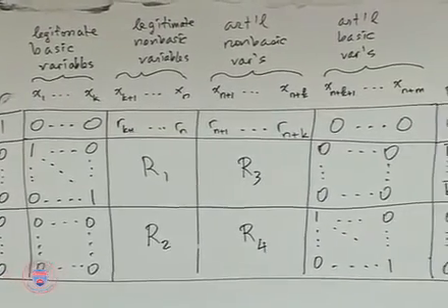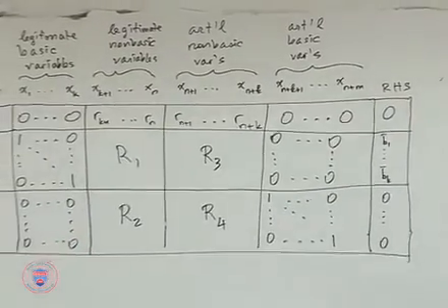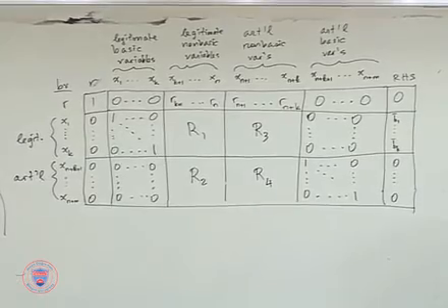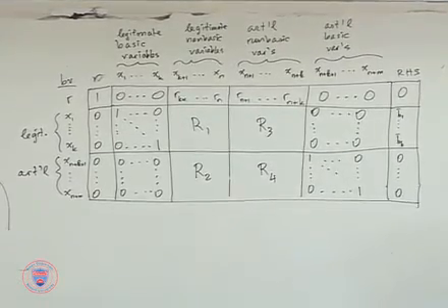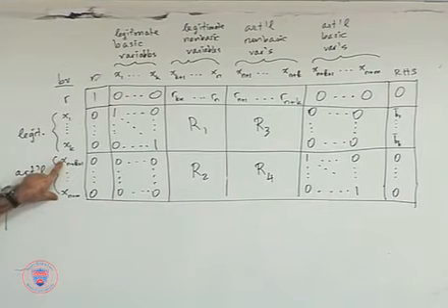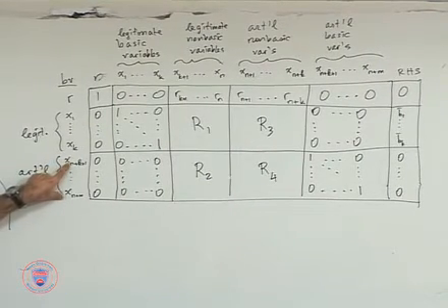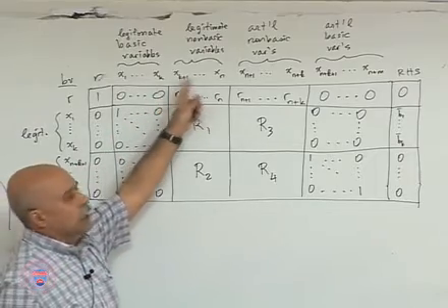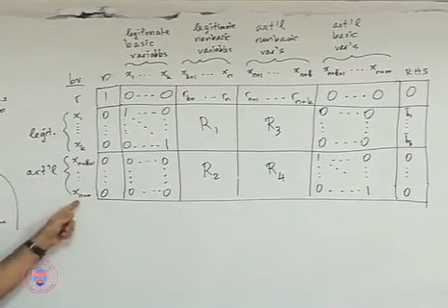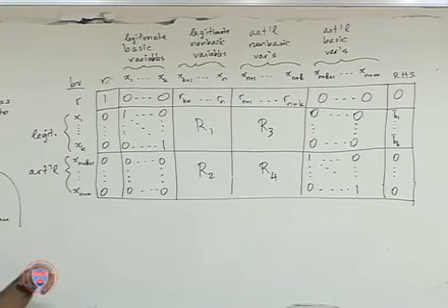So what you do is, you're trying to replace the artificial basic variables with legitimate variables that are currently non-basic. So you want to replace all these, how many of them? m minus k of them.